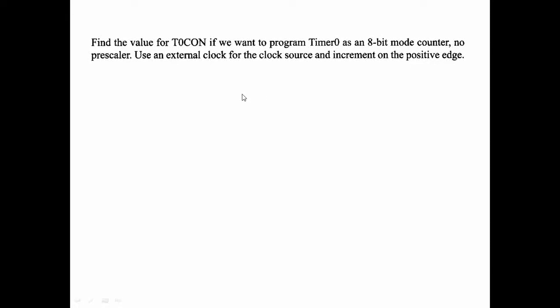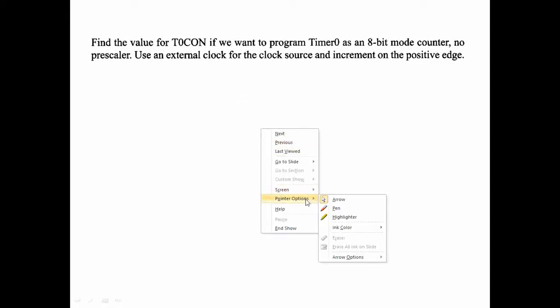Find the value for timer 0 control if we want to program timer 0 as an 8-bit mode counter, no prescaler options used, use an external clock as the clock source, and increment on the positive edge. So it's given as 8-bit mode counter without any prescaler. We have to use an external clock source and increment on the positive edge.